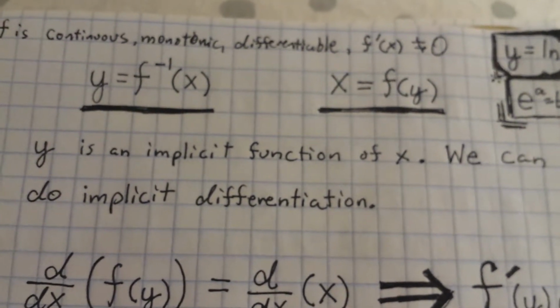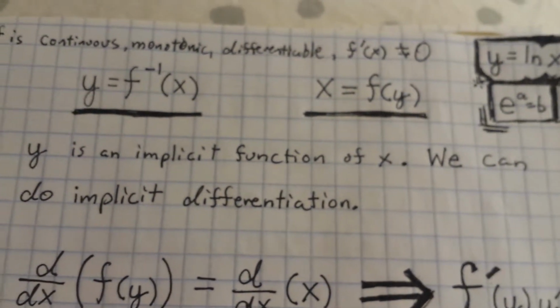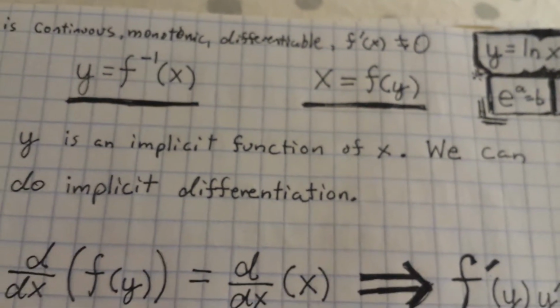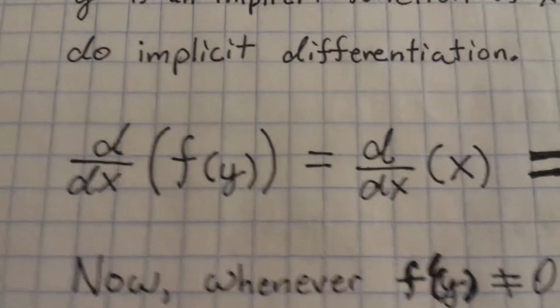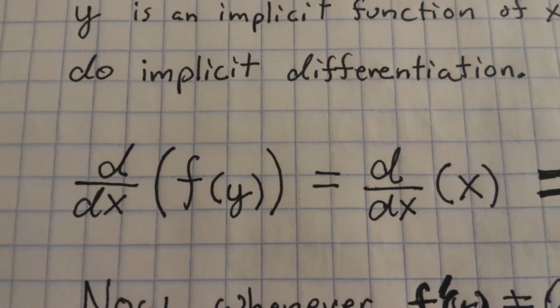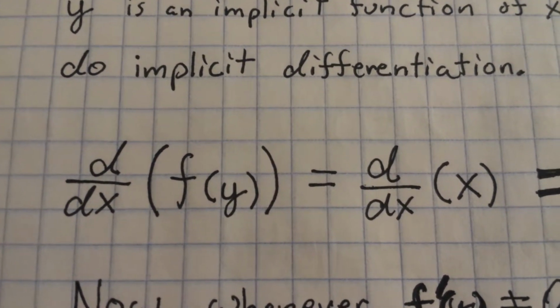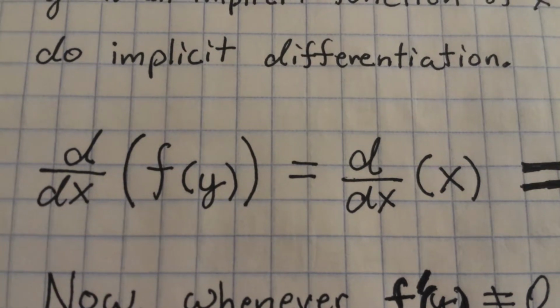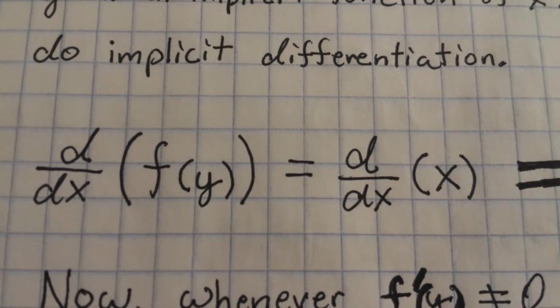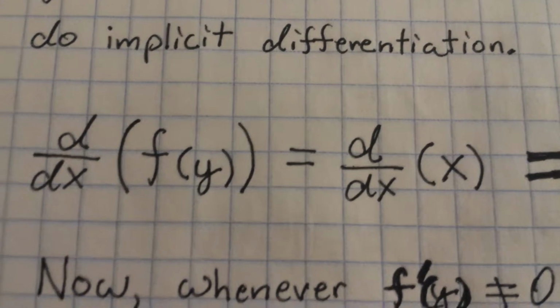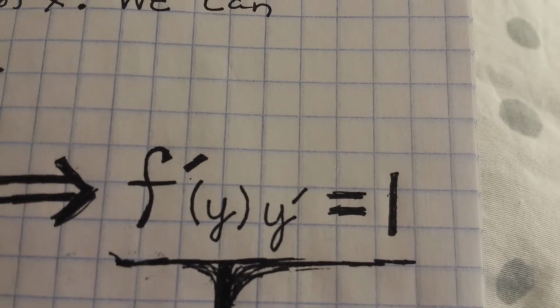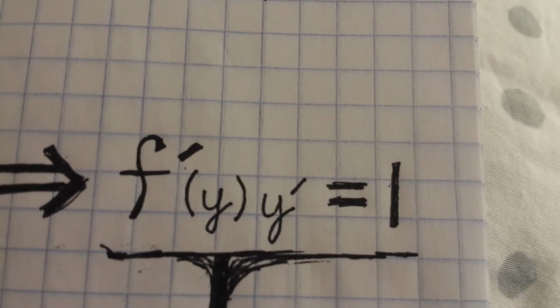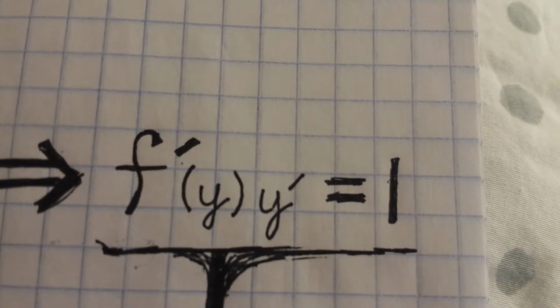Y is an implicit function of x, and so we can do implicit differentiation on this equation, on both sides of this equation. So we're going to take the derivative of f of y with respect to x on one side and the derivative of x with respect to x on the other. And so what we get is the derivative of f of y times the derivative of y equals 1.